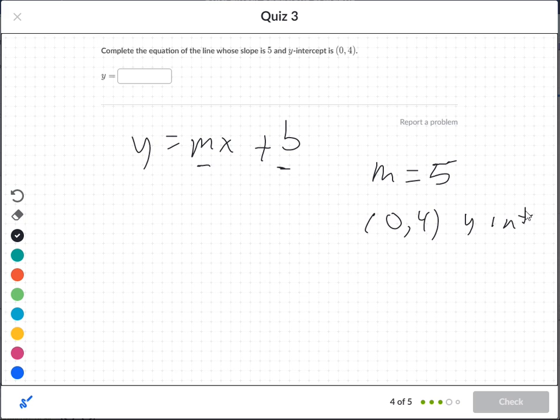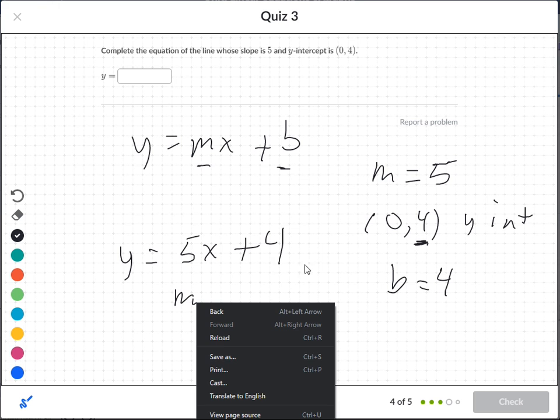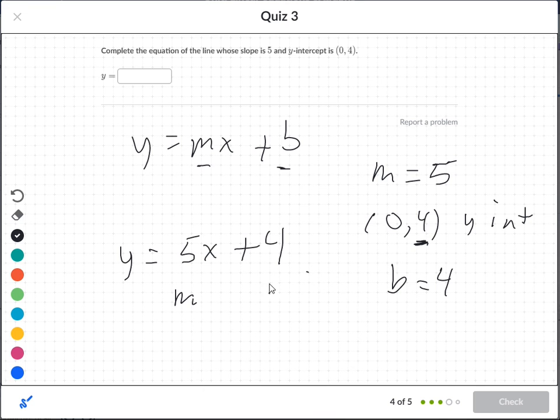This is your y-intercept, and b is equal to whatever the y-intercept is. In this case it is 4. So I'll write it out first: y is equal to 5x plus 4. So this is my m, and this was my b.